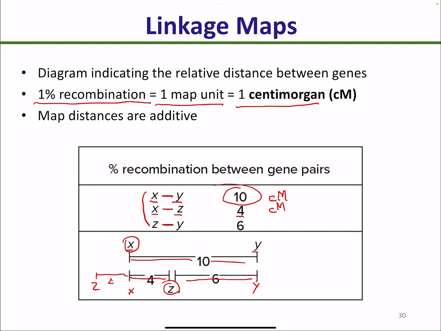But if we put Z right here and X right here, this would mean that the distance between Z and Y would not be 6, but it would be 14, which is not true, because that's not what we see here, right? Okay, so this is a way to show you how to map out genes on a chromosome.